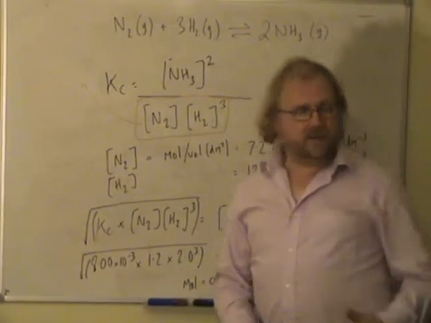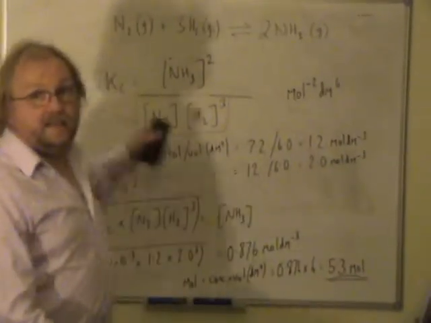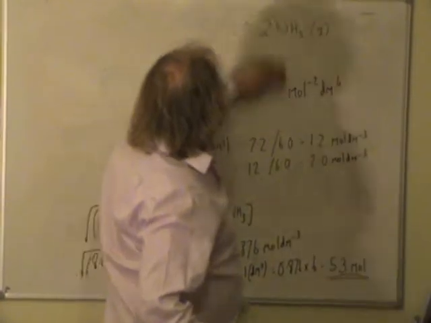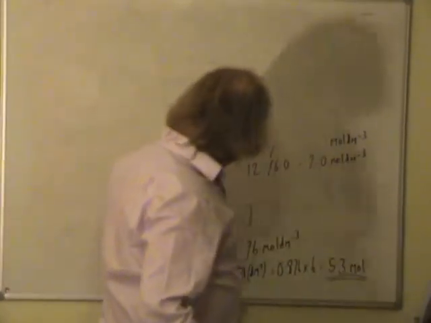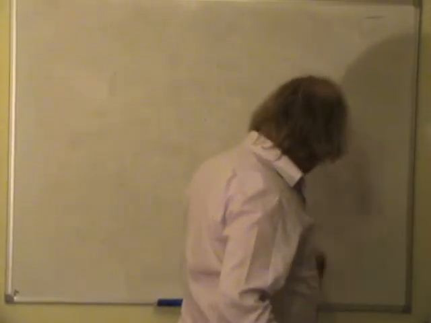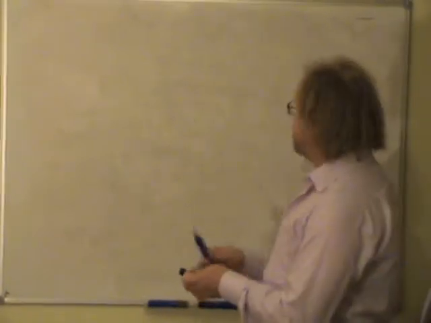Okay, so now usually when you've done a calculation like that one, what you should expect next is some kind of discussion based on Le Chatelier's principle, and that's what you get in the next part, which the first one is quite straightforward. So we need to restore that equation.